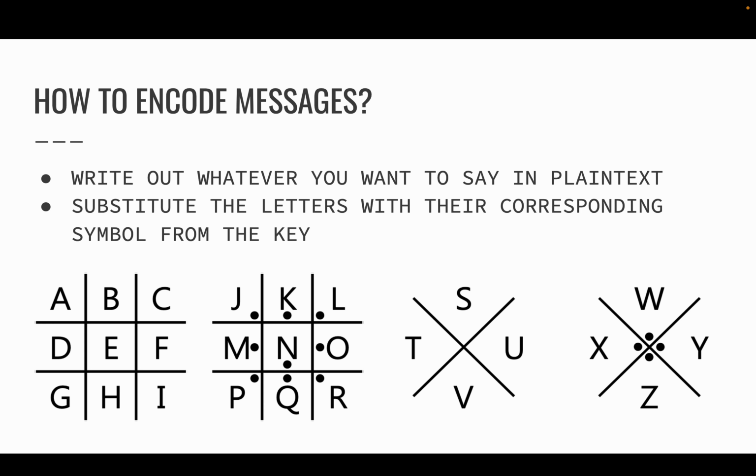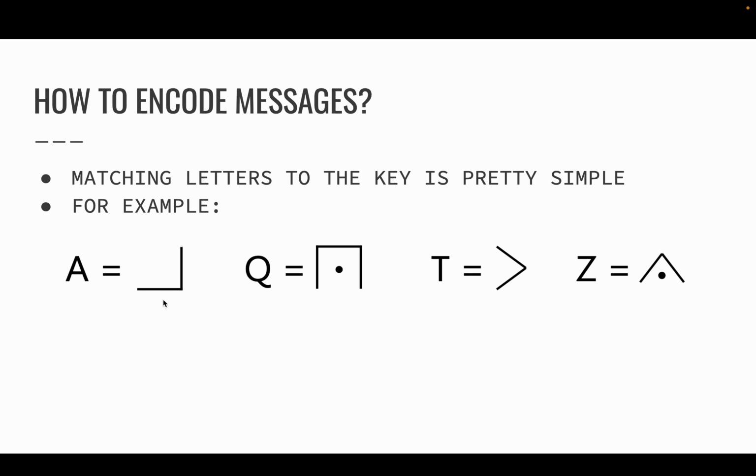The key right here is where the cipher symbols come from. The letters are in certain positions and they match up to the lines and dots in the grid, and this becomes part of that symbol. For example, we have the letter A right here, which lines up to this line here and this line here. And on the next page, we can see a few more examples.